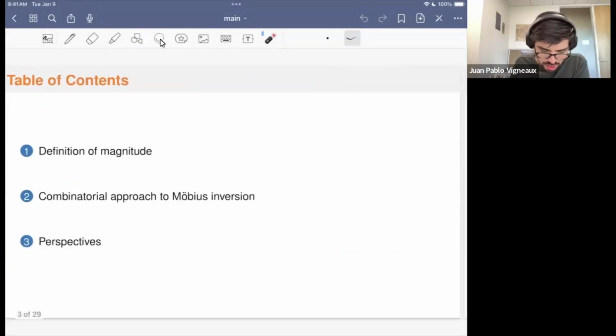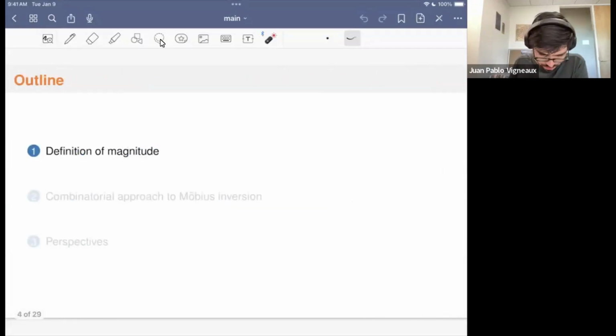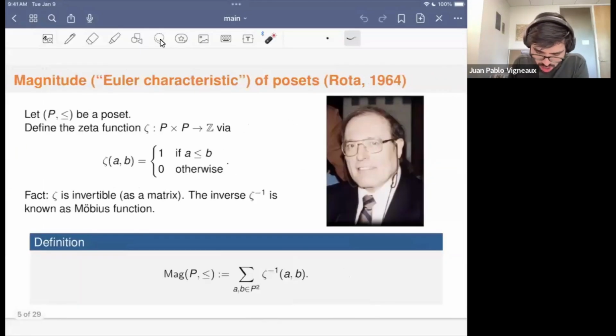Concerning the definition of magnitude, in a very precise sense, it can be traced back to certain work by Rota in the 60s.